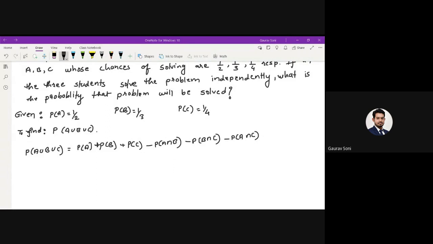So plus, we need to add the probability of A intersection B intersection C.